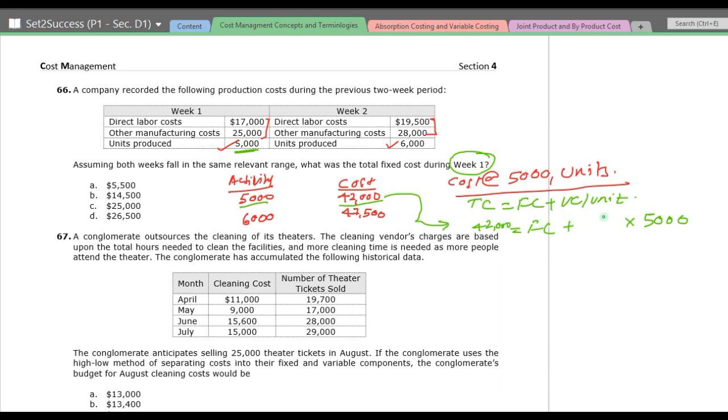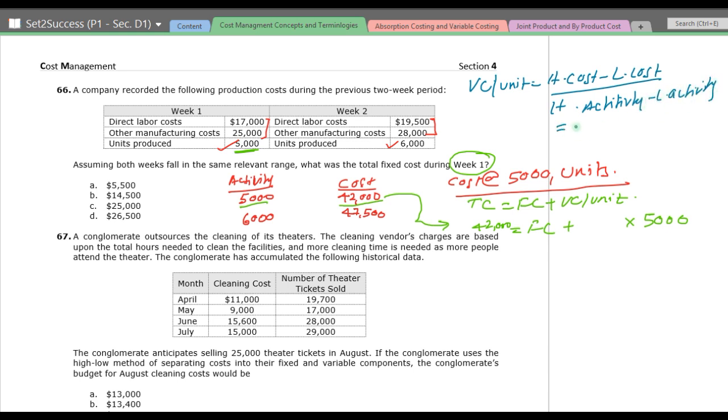So we need now variable cost per unit. So let us find the variable cost per unit. So variable cost per unit is highest cost minus lowest cost divided by highest activity minus lowest activity.